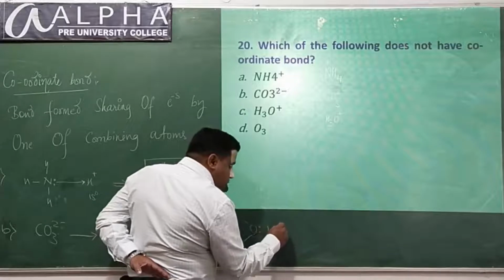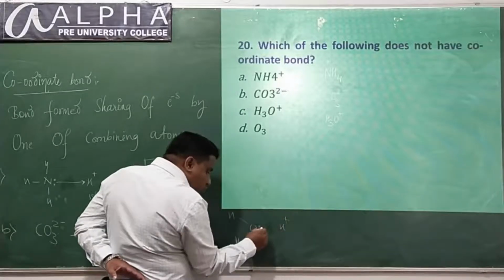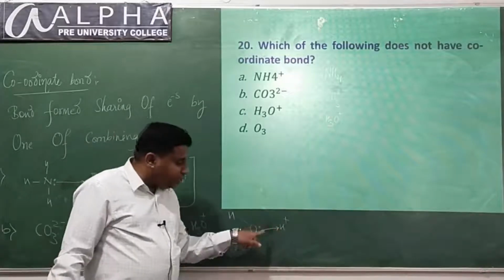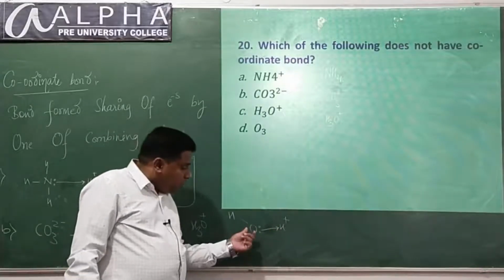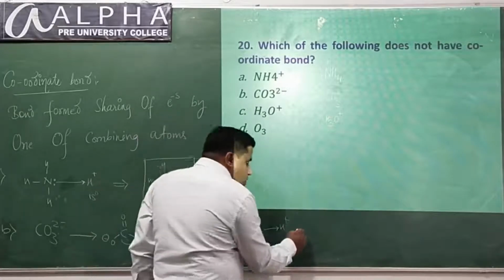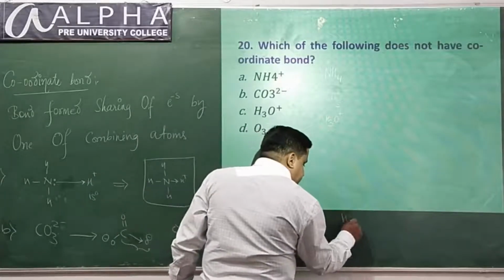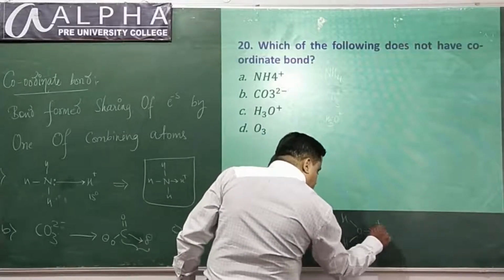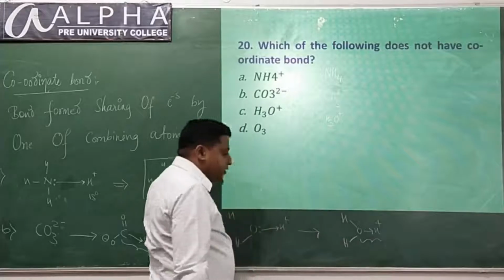So oxygen will share the lone pair of electrons with H plus. Hydrogen will not share the electrons. Only oxygen will share the electrons, so there is a bond formation. That bond is called a coordinate bond, and we indicate it with an arrow mark.